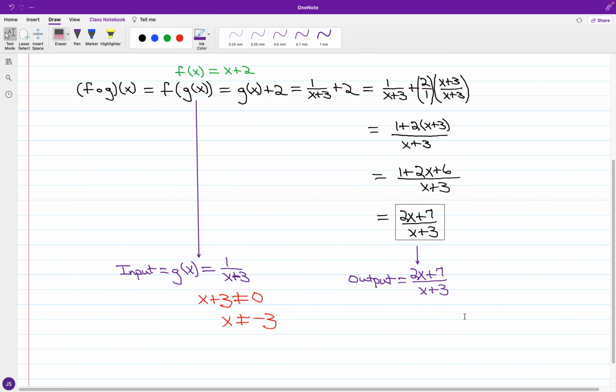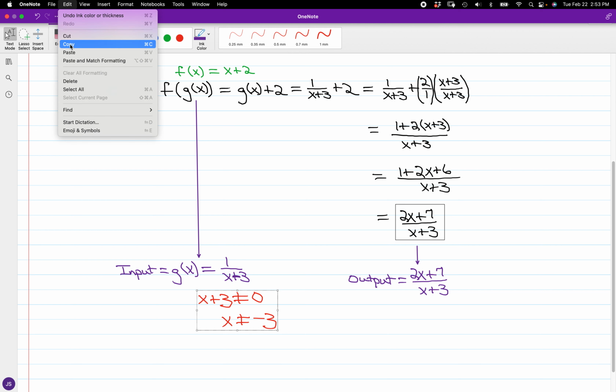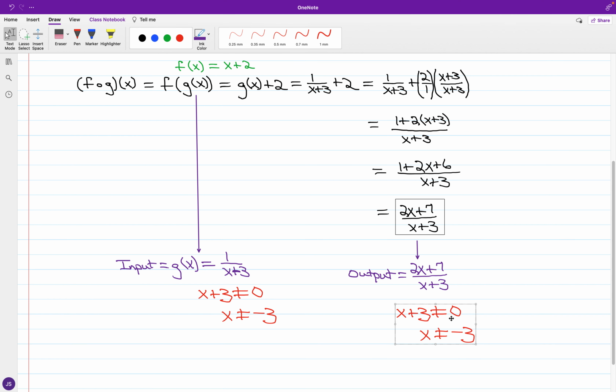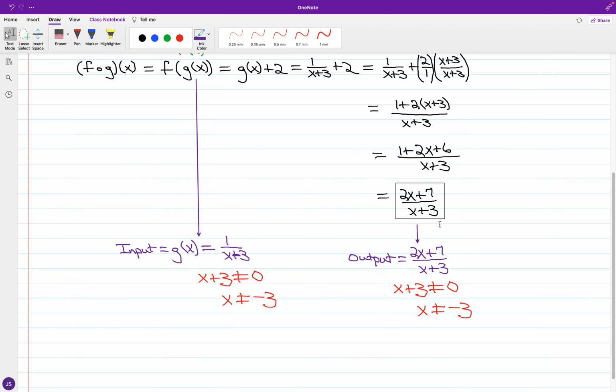The same thing repeats, because here we have a fraction and the restriction is that x plus 3 cannot be 0. So the only restriction is shared: the input and the output have the same restriction, that x cannot be negative 3.